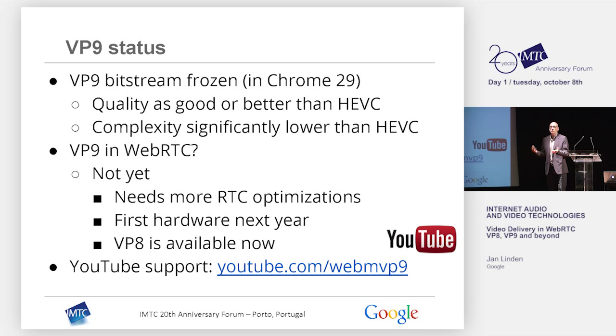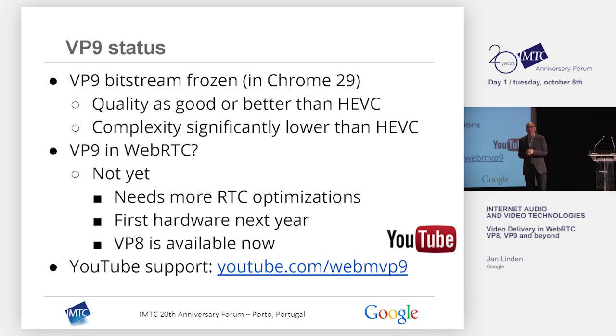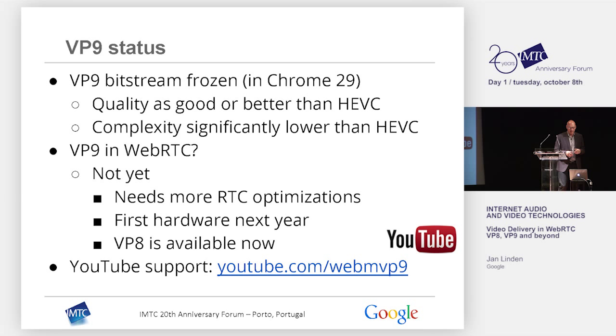I should mention that YouTube has committed to using VP9 and is already doing that. So already today, if you go to YouTube, even without going to this specific site that I'm referring to here, a number of users will get VP9 all the time. We are serving several percent of the users with VP9, and we'll ramp that up very quickly to do everything, at least in the HTML5 video player, with VP9.